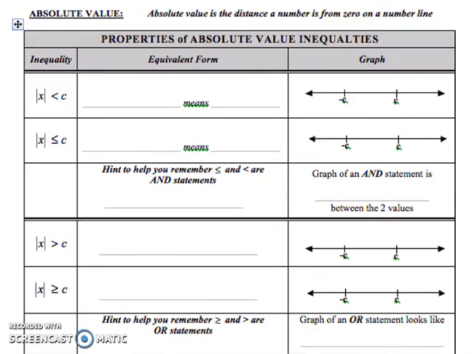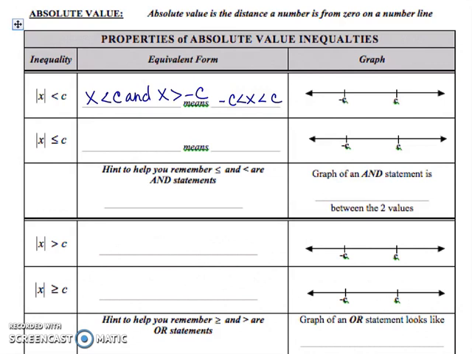So if we see the inequality, the absolute value of x is less than c, well, that means we've got x is less than c and x is greater than negative c, which ultimately we could write as a sandwich and say negative c is less than x, which is less than positive c.